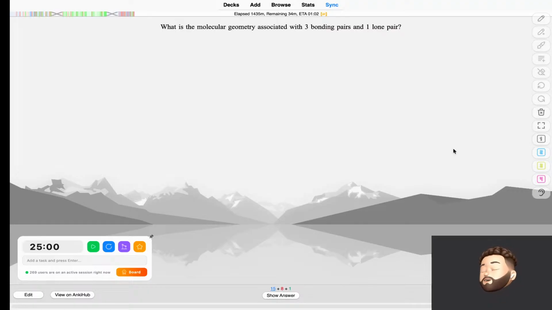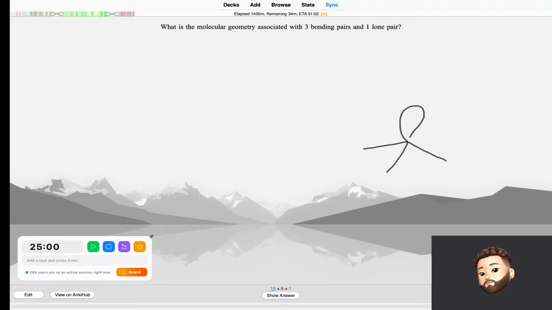Four bonding pairs and one lone pair. I just spoiled this for myself. Three, but I don't remember the name. Three bonding pairs and one lone pair is always gonna be like this crazy structure where they're all leading up to one center, right? And then it just has this like balloon on top.